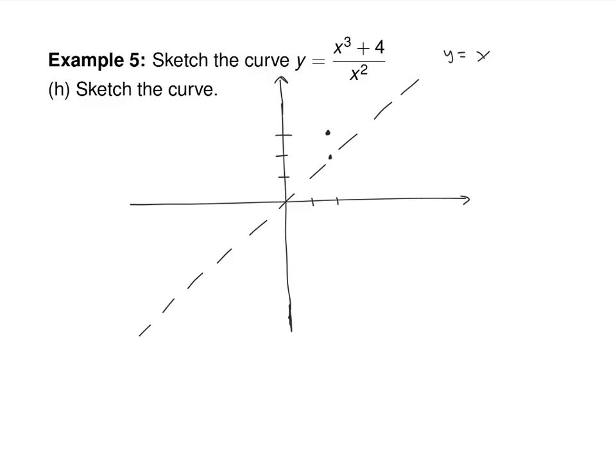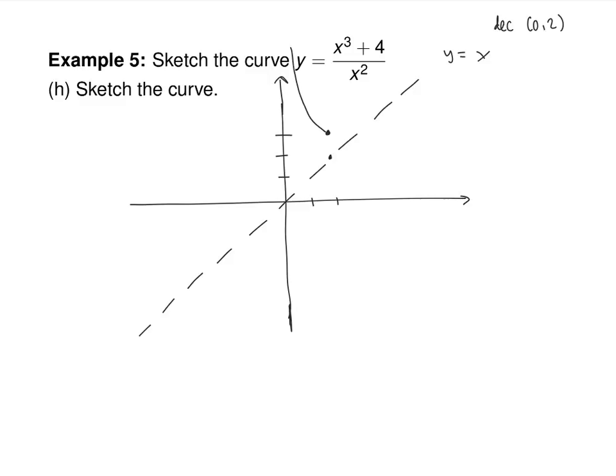Okay. Looking back at the analysis, what's our function doing from 0 to 2? Is it decreasing or increasing? I think it was decreasing from 0 to 2, wasn't it? It was decreasing, and was it concave up or concave down? Concave up. So that means it's going to do this kind of thing, right?